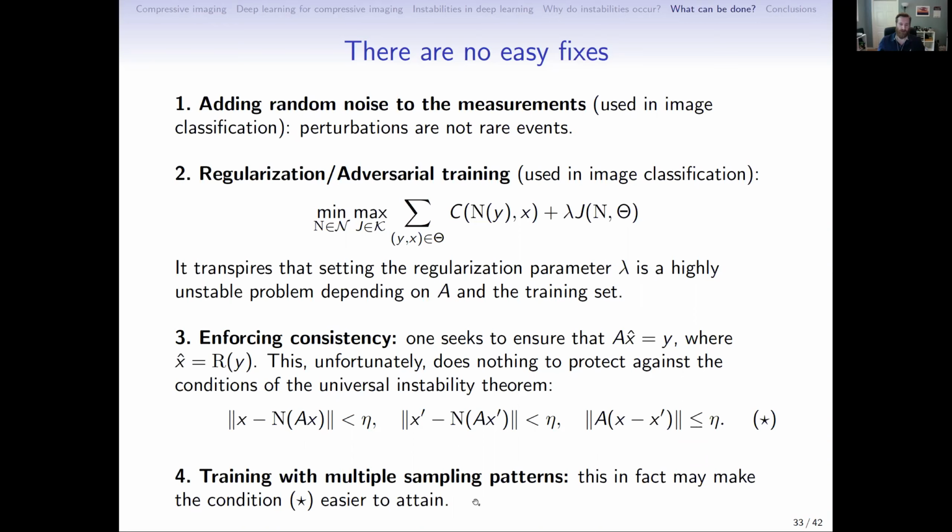But when you come to use the network you've trained, you're using it on a fixed sampling pattern. You don't have access to the measurements from all the different sampling patterns. So in some sense, this might make it easier to attain the first two conditions here, because you might be able to do better training, whereas you won't affect this because when you use it, you're using only a fixed A.